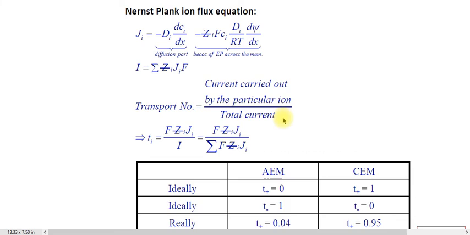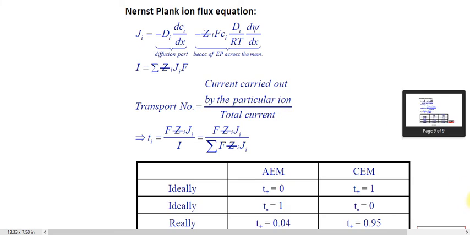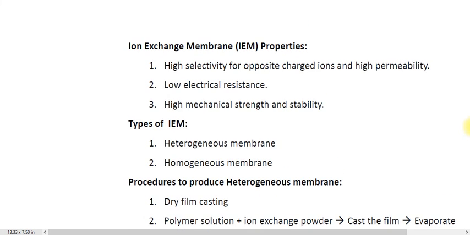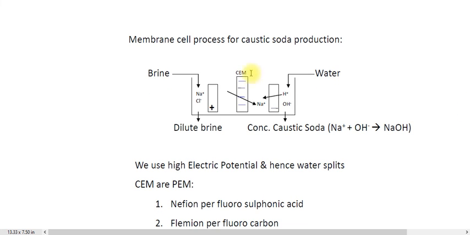Suppose you have a setup like this. This is the cation exchange membrane, so it allows the positive ion to pass through it. Suppose here you measure the current: how much total current is passing through the electrode, that is one quantity, and how much current is passing through the Na positive ion.